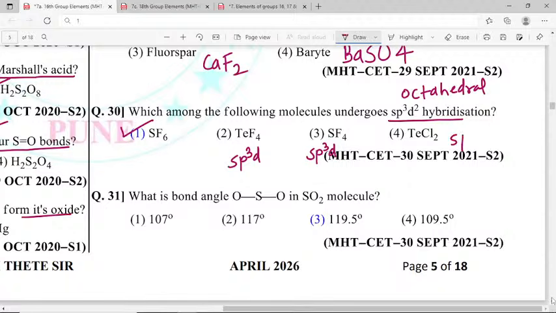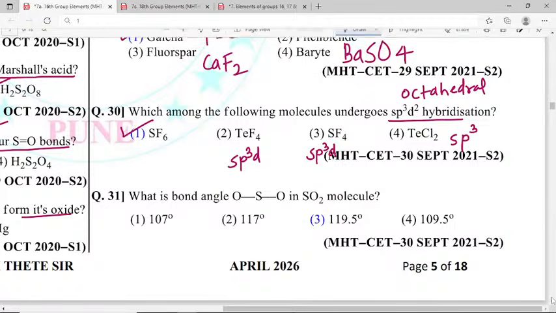TeCl2 is sp3 type of hybridization. Please mention the type of hybridization: SF6, sulfur hexafluoride, sp3d2; TeF4, sp3d; SF4, sp3d; and TeCl2, sp3.